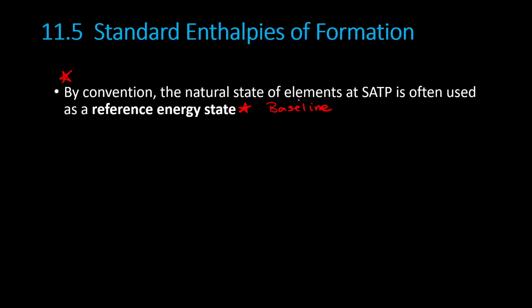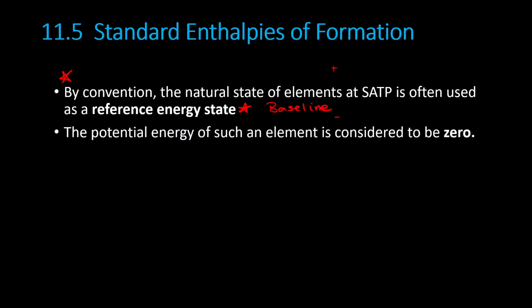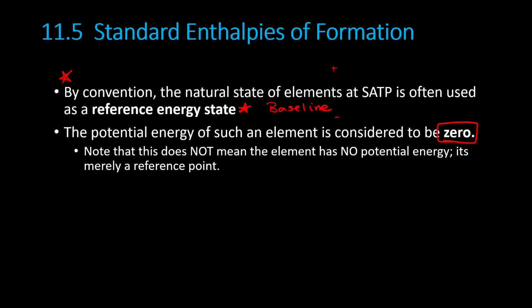If it has more potential energy than an element, we're going to call it positive. If it has less potential energy than an element, we're going to call it negative. In order to make the baseline easier, we're going to give the potential energy of the element a state of 0 joules. Now, it doesn't actually have zero.